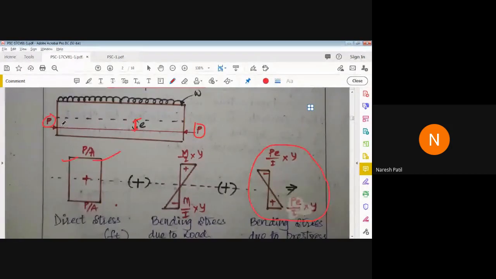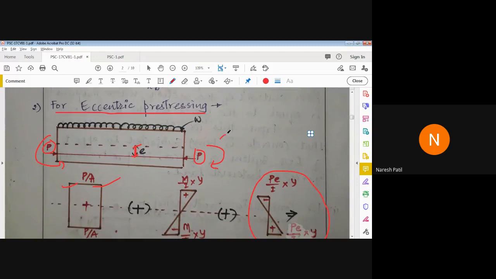When the cable is down, so what will happen? It will develop a movement like this. And because of that, it will hog. Due to pre-stress, it will hog. You will get tension at the top and compression at the bottom. Is it clear now? Is it clear, Aishwarya?